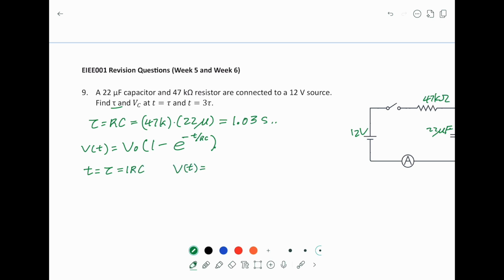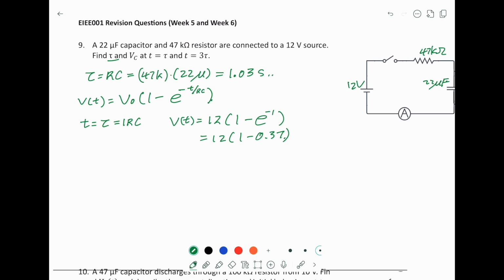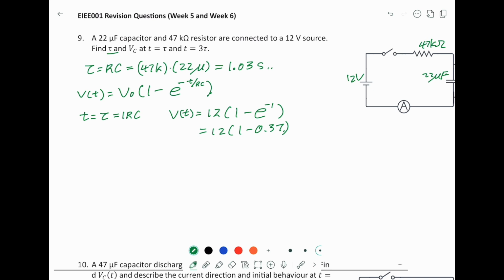Vt is equal to V0, which in our case is 12, times 1 minus e to the minus 1. If you plug this in, you will find 0.37. It means 63% of the 12, so 0.63 times 12, and you get 7.56 volts.